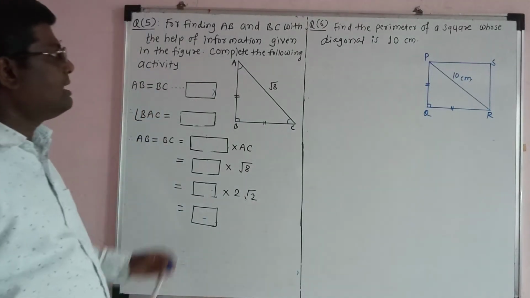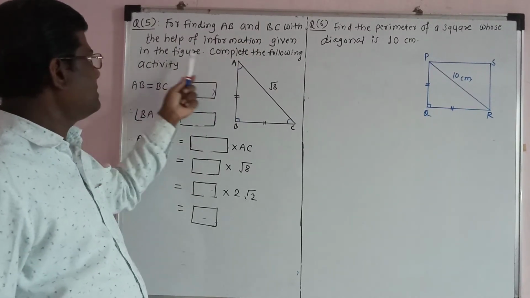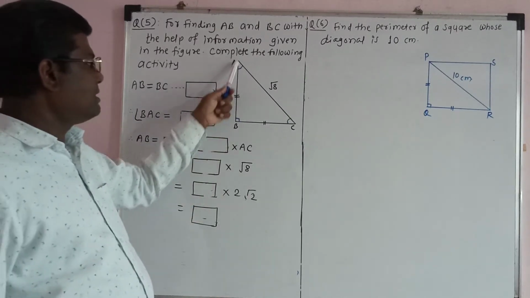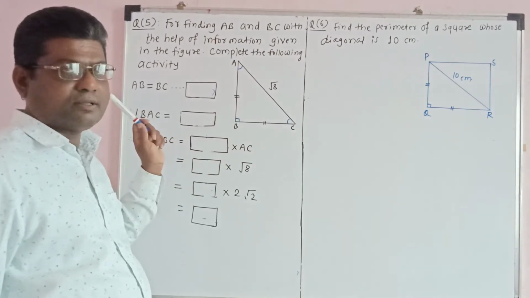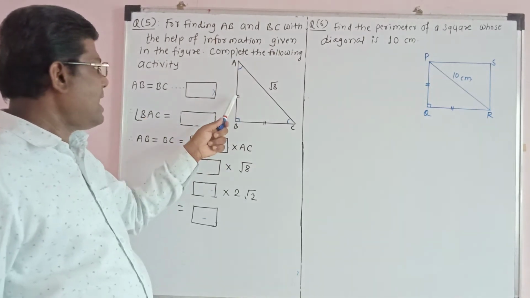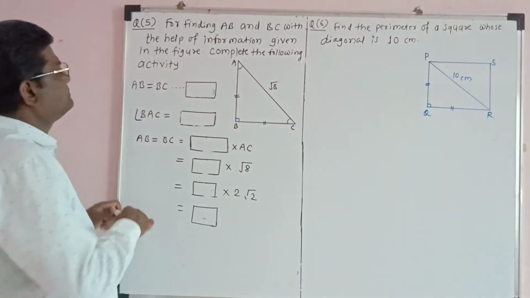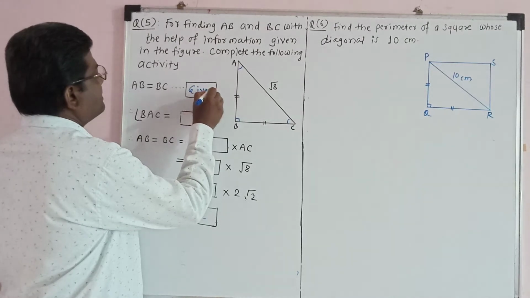For finding AB and BC with the help of information given in the figure, complete the following activity. In the figure, triangle ABC is given in which angle B is equal to 90 degree and AB is equal to BC is given.